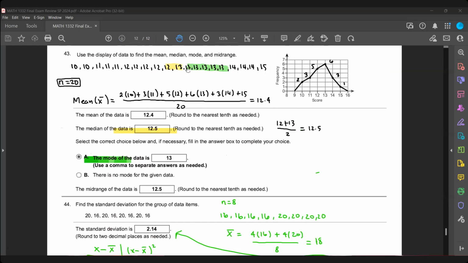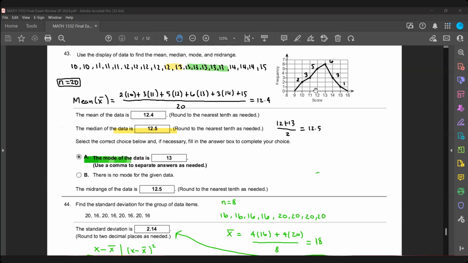Having the data arranged from lowest to highest allowed me to find the median. I'm highlighting that these two values will be the ones in the middle. So the median will be the average of those two values, which happens to be 12.5.